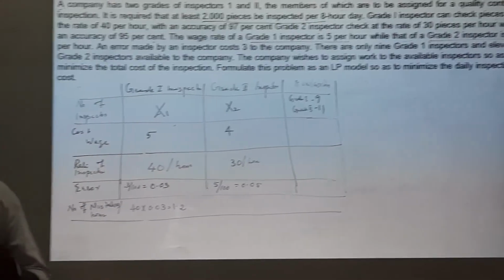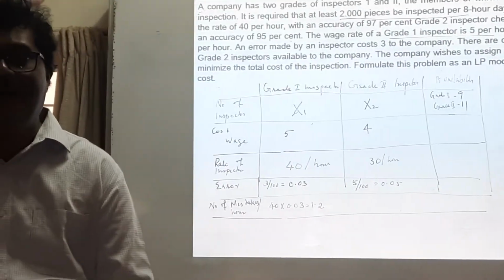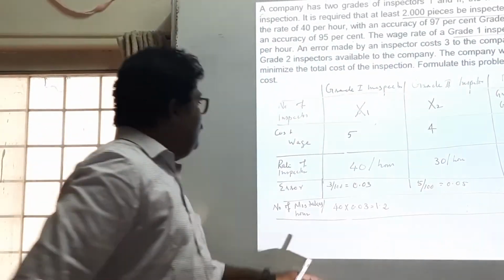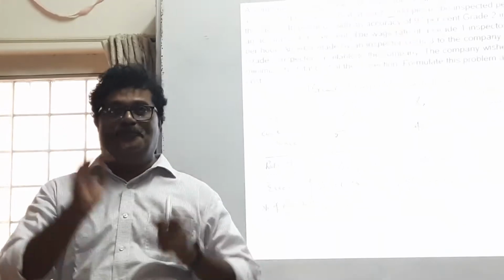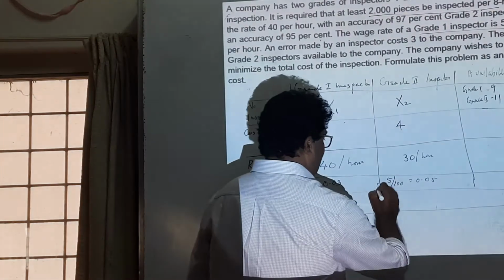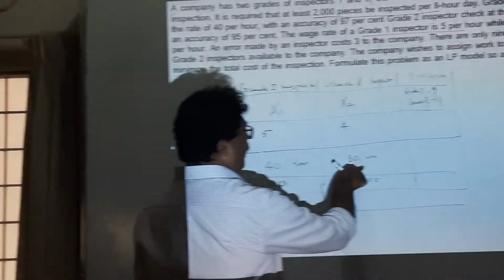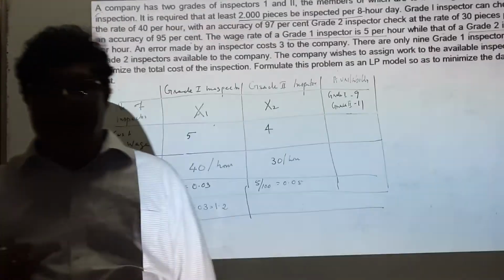That means out of 40 units checked per hour, 1.2 units will be defective, which will be allowed to pass through. You understood? And this is 0.05 multiplied by 30.